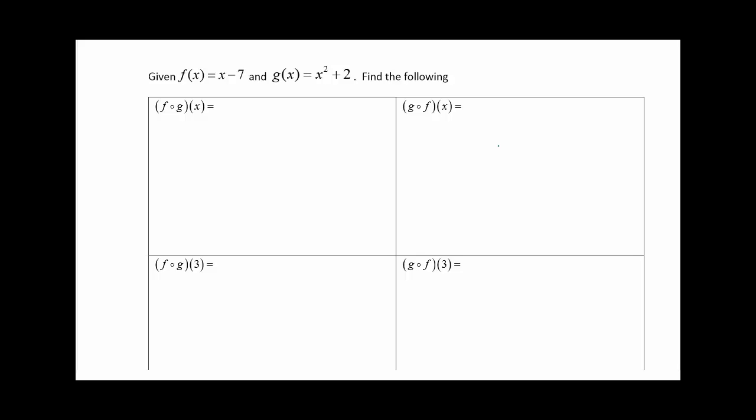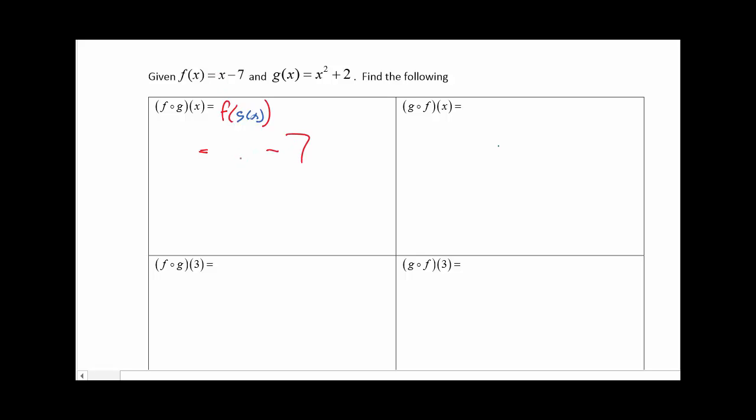Alright, so let's take a look at doing some composed functions here. Let's start with f of g of x. Given f of x is x minus 7 and g of x is x squared plus 2. So what we want to do is take f and insert g inside it. If f is the outer function, then wherever that x is, I'm going to leave a blank.